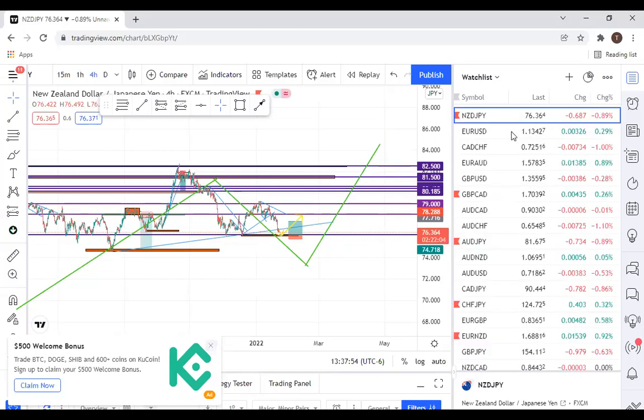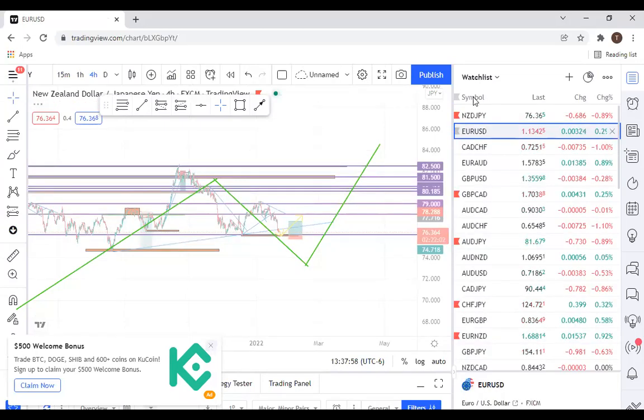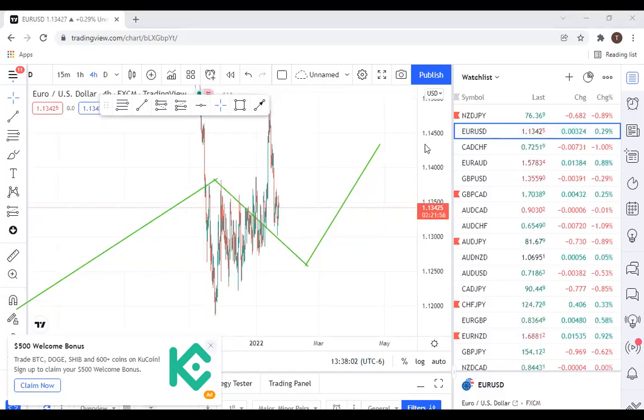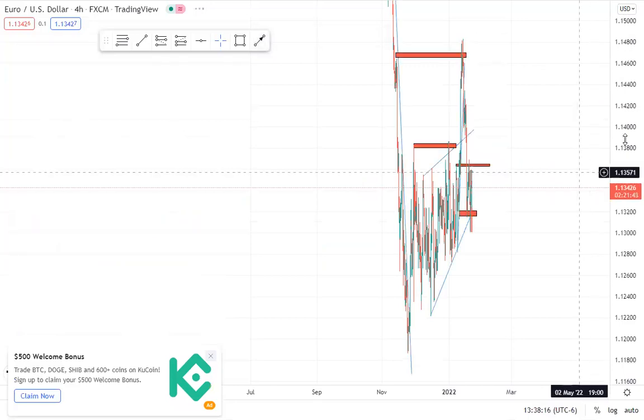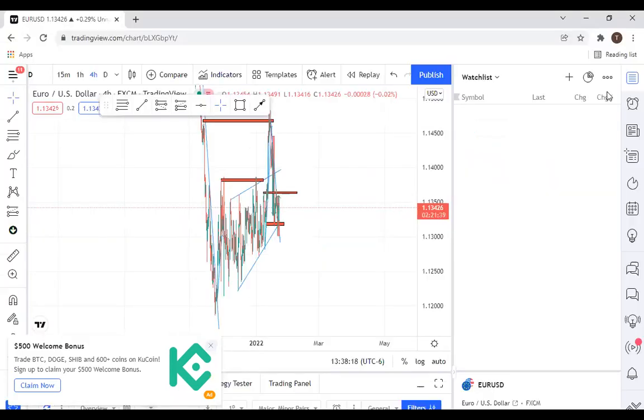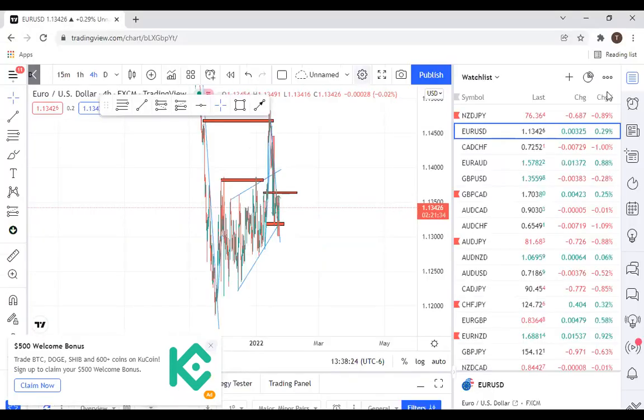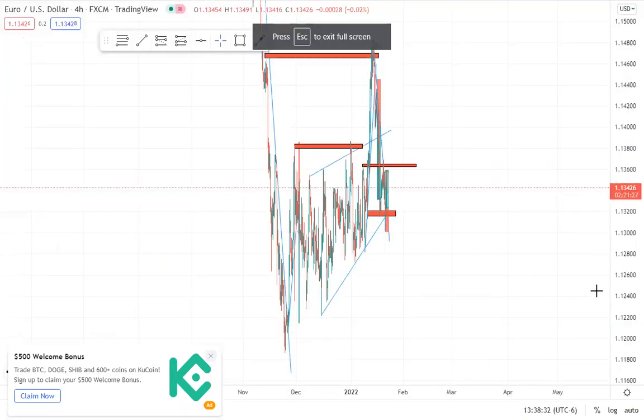That is the trade here, EURUSD. So I guess you guys can remember this trade.